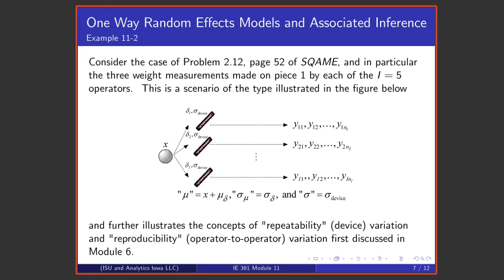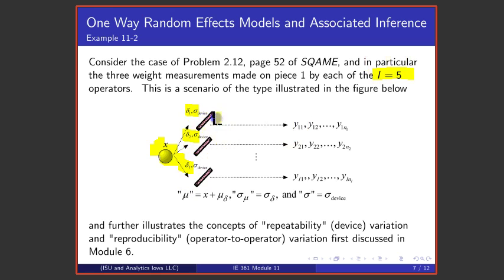A second example here is the case of problem 212 of the textbook. In that, 3 weight measurements were made on one piece of paper by each of 5 operators. So what we have here is one measurand, which is the weight of that piece of paper, that each of 1, 2, down to 5 operators measure.